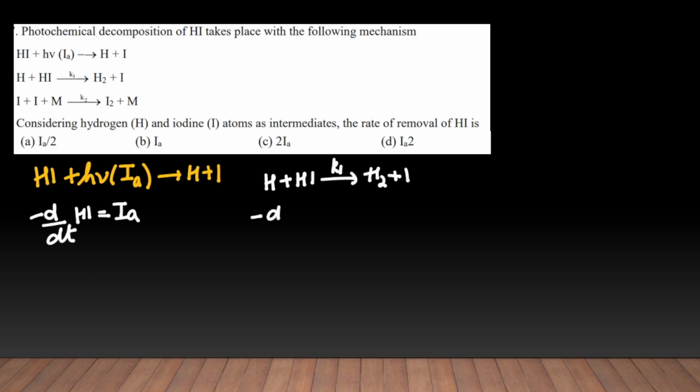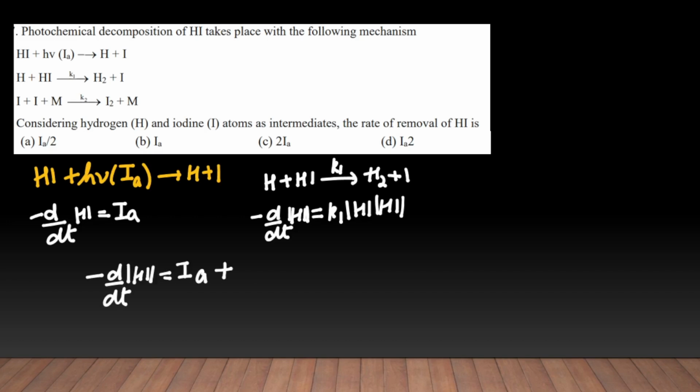In this case, d by dt of HI will be equal to K1 times H into HI. So the overall rate of removal of HI, minus d by dt of HI, will be equal to Ia plus K1 times H into HI, right? Now here you see the final expression that we are getting.